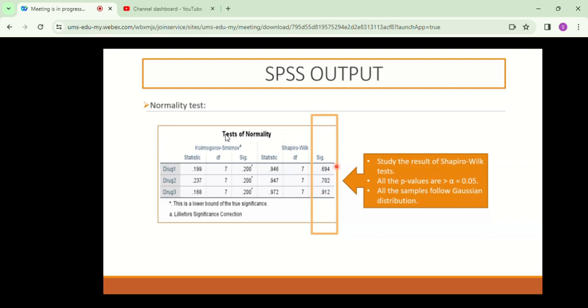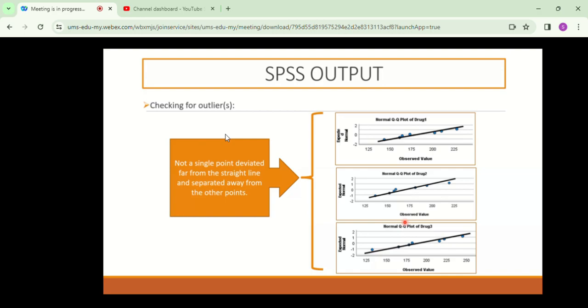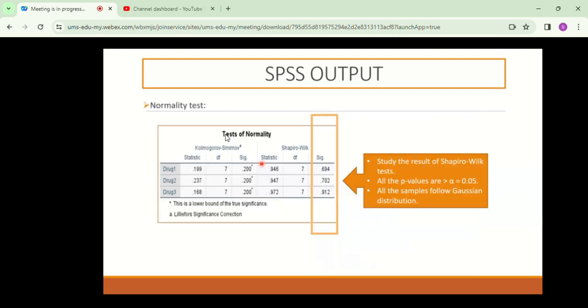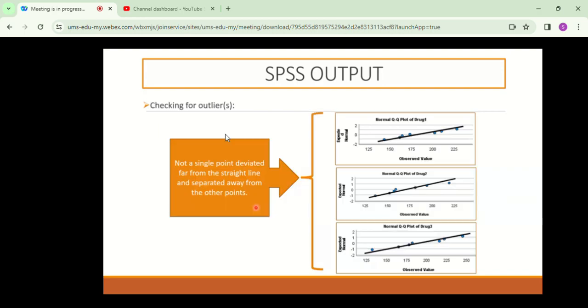And then all the p-values, 0.694, 0.702, and 0.912, are greater than alpha 5%. So our conclusion is all the samples follow Gaussian distribution. And then when we are checking the outliers, remember just now when we chose Kolmogorov-Smirnov and Shapiro-Wilk, we obtain the QQ plot.